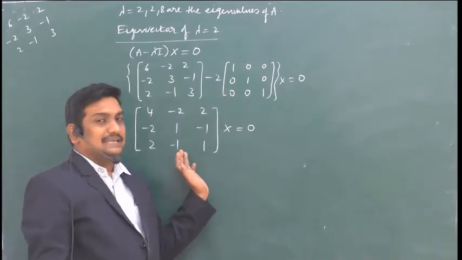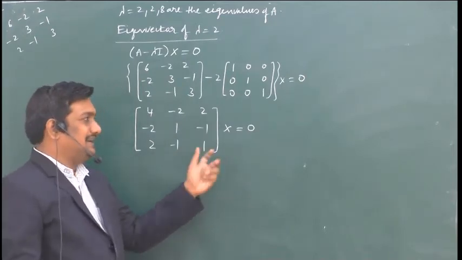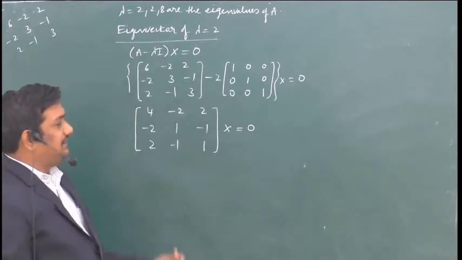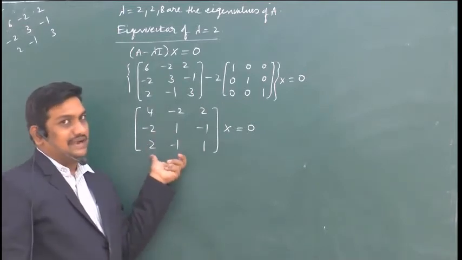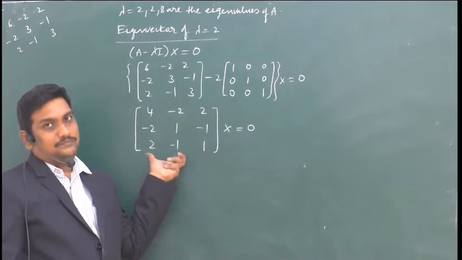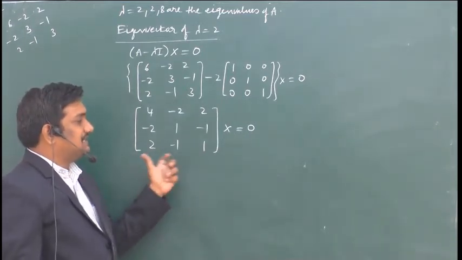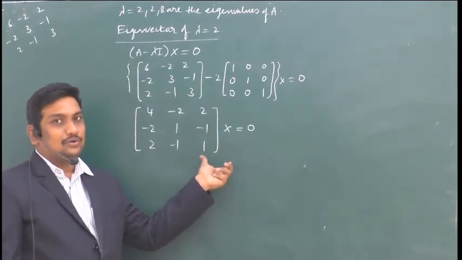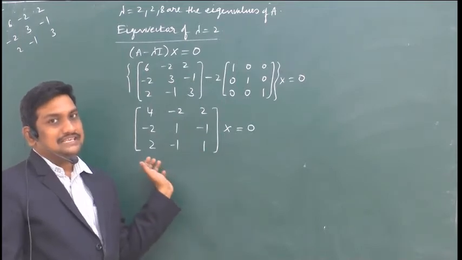Let us see the first way of finding capital X. First you need to reduce this coefficient matrix into echelon form. There are 2 ways to find the solution for this homogeneous system, so let us see the first method.